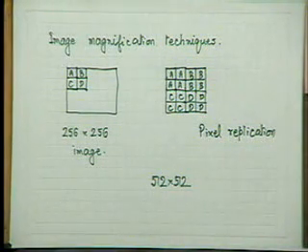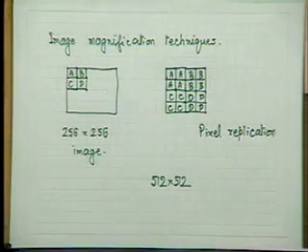We are just replicating the pixels. So that is quite a simple technique, okay. But simple in the sense that we don't require any computation to find out the intensity values at all these pixels. But obviously all the artifacts of the image are still retained over here.